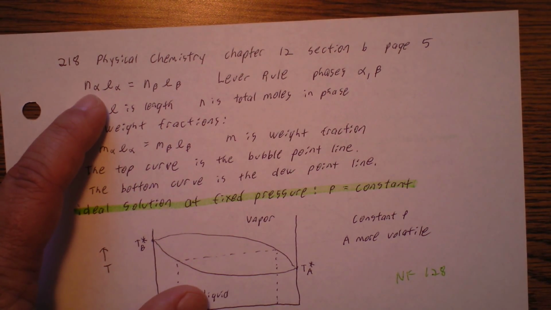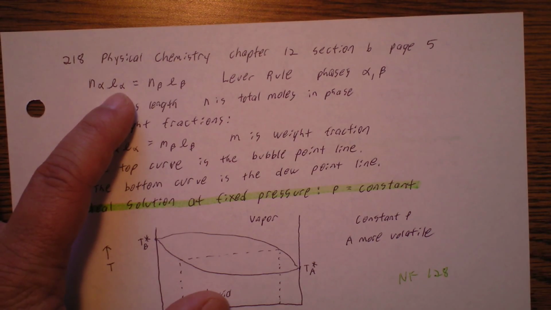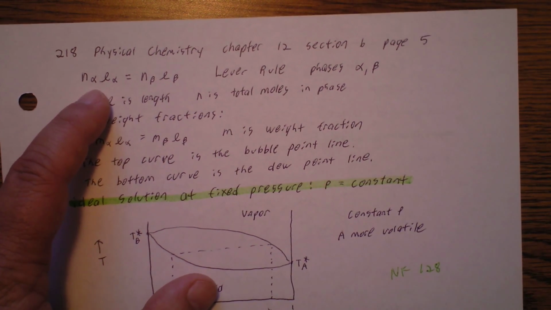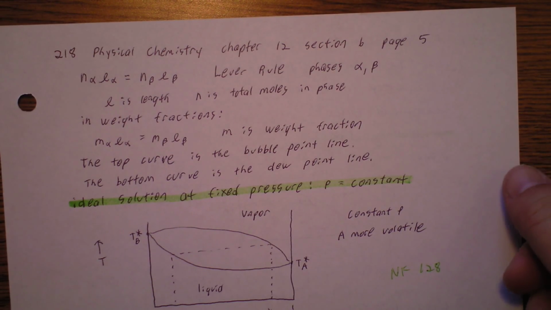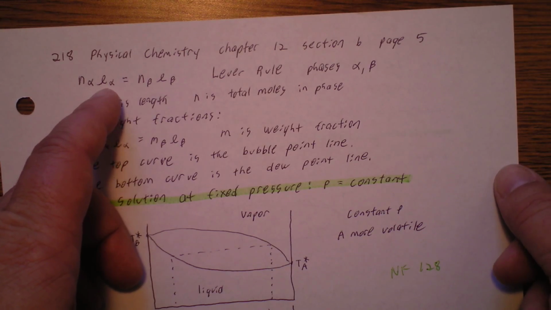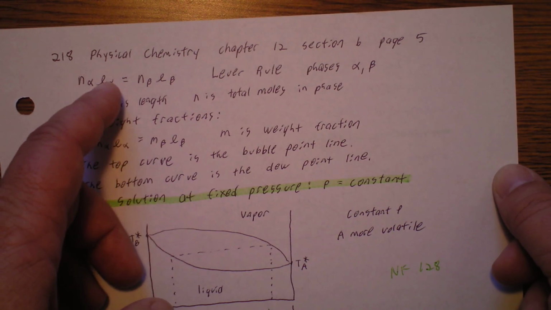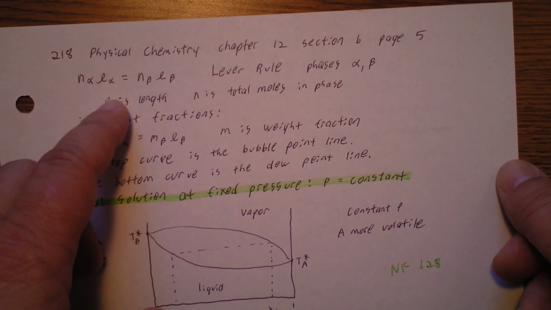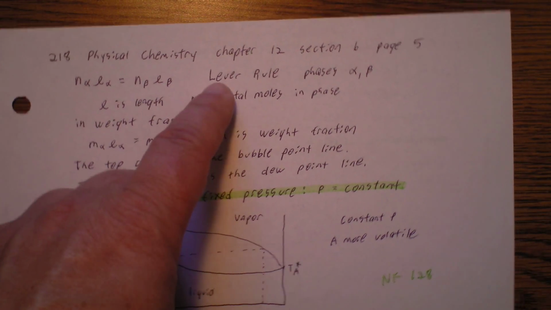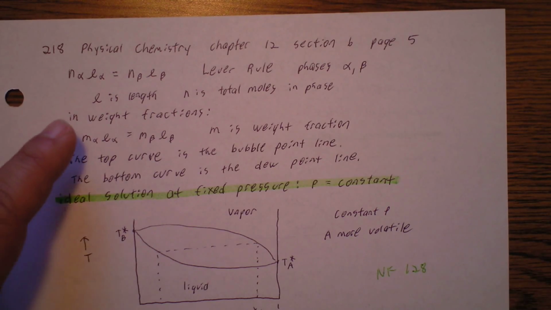The number of moles in phase alpha times the length of the line in that phase alpha is equal to the number of moles in beta times the length of beta. So that's the lever rule as it applies to phases alpha and beta.